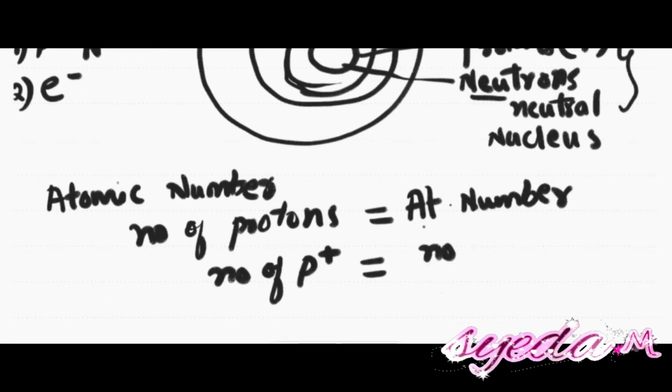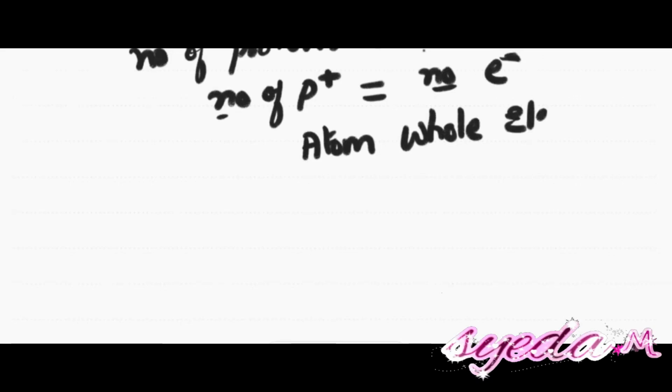The number of electrons. If the number of protons is equal to the number of electrons, the positive charge in the protons equals the negative charge in the electrons. So what happens when you take equal positive and negative in mathematics? We see that the atom as a whole is electrically neutral.